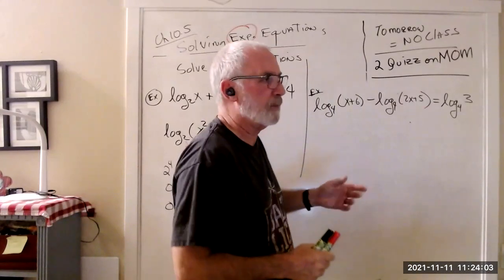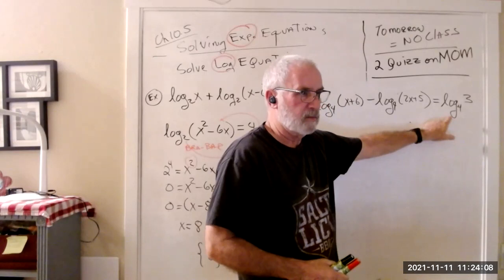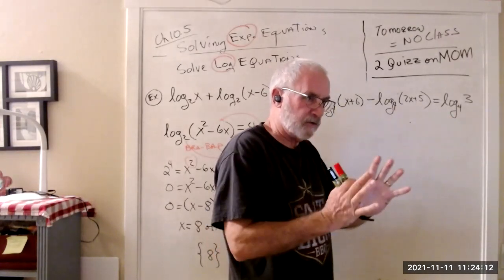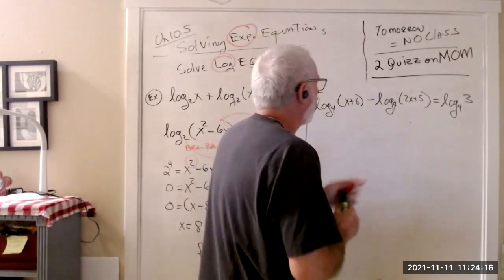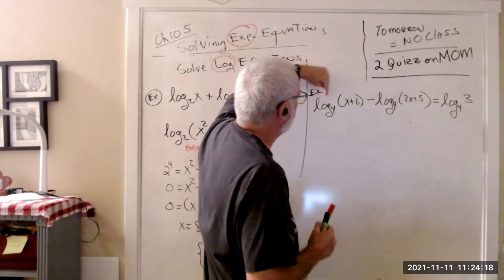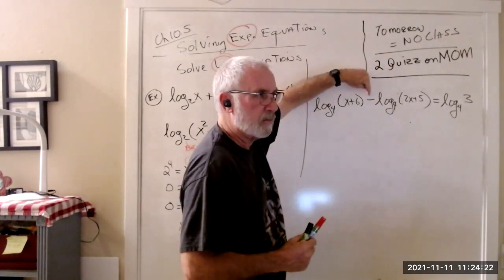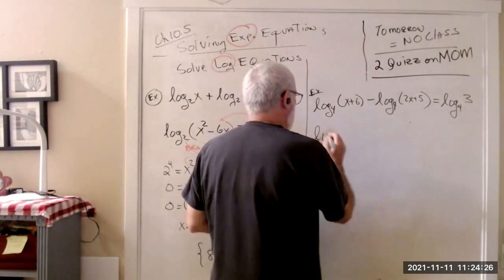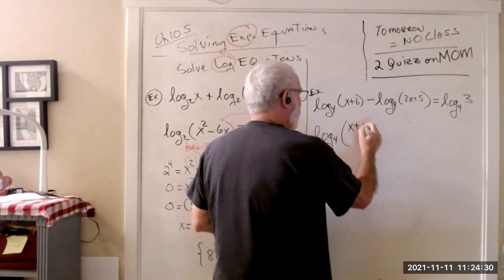This is an example where all terms have a logarithm in it. But the first step was always condense. Okay, so right here, we have two separate logs that are subtracting. According to our cheat sheet, those will be condensed into one single log where they're dividing.